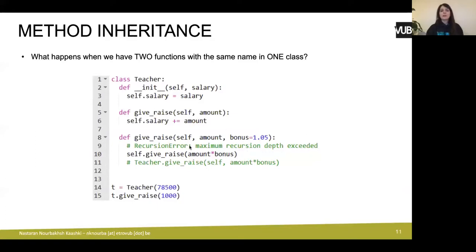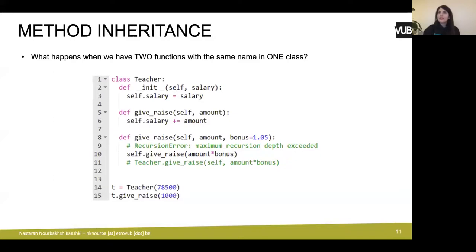So every time, if I call this, it will call this one, and inside that, again, it will try to call the same function, and that's why it gives me a recursive error, because it's infinitely trying to call itself. So it's a recursive error, and it says that maximum recursion depth exceeded.